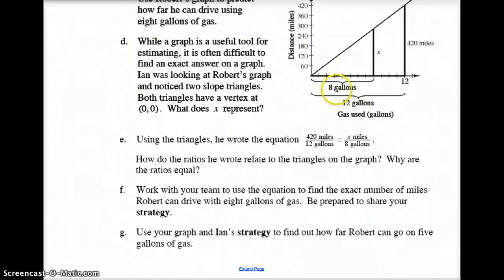Now, if you can think about it, 8 is 2/3 of 12, and if you can think about what is 2/3 of 420, you could solve it that way. Otherwise, you just need to cross multiply the 8 times 420 and get that. Or you could divide 420 by 3 halves to get your same answer, or multiply by 2/3. All right, moving onward and upward.